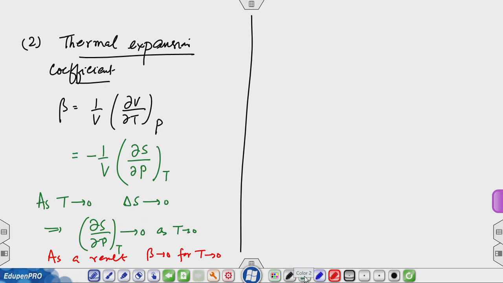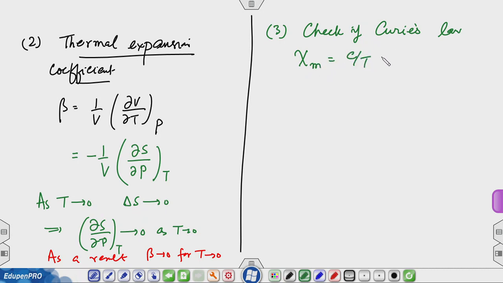Next, check if Curie's law, which we have been talking about, the magnetic susceptibility being equal to C over T, is valid for temperatures tending to 0.